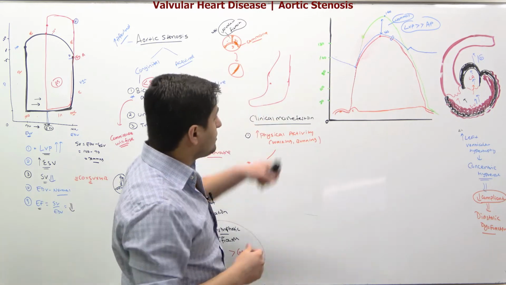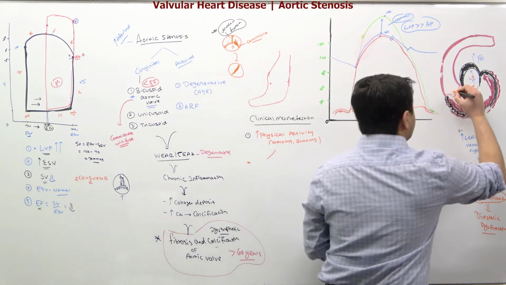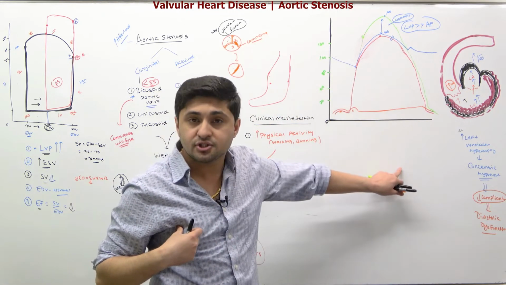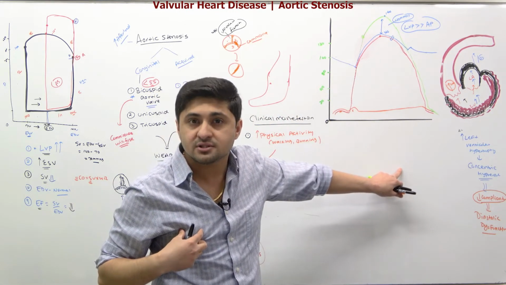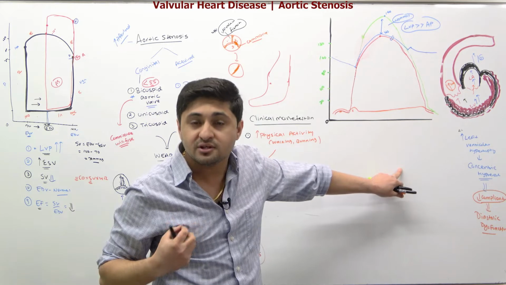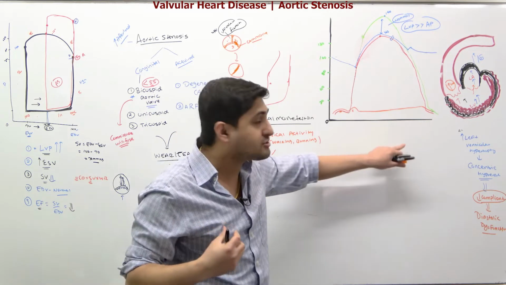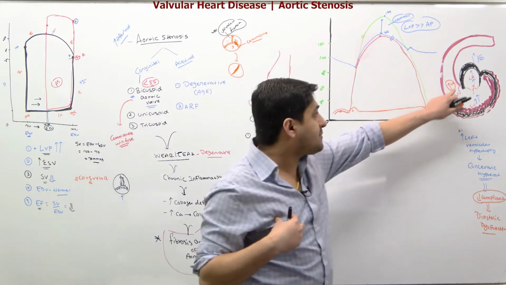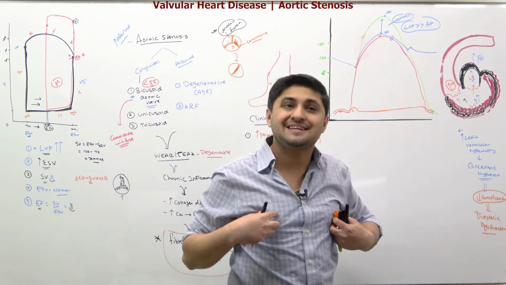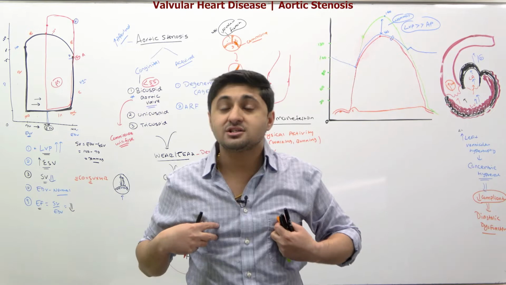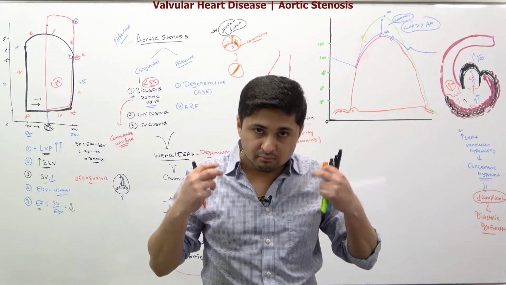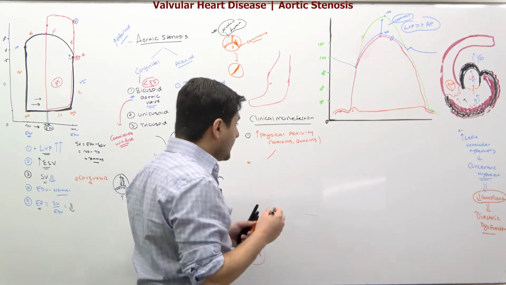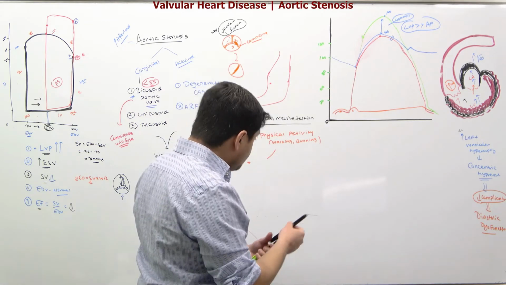Because of that, whatever cardiac output you get is taken by your peripheral tissue, like your skeletal muscles and your extremities. So the cardiac output getting to your brain is decreased, and when the brain is not getting enough oxygen during physical exercise, that results in fainting.